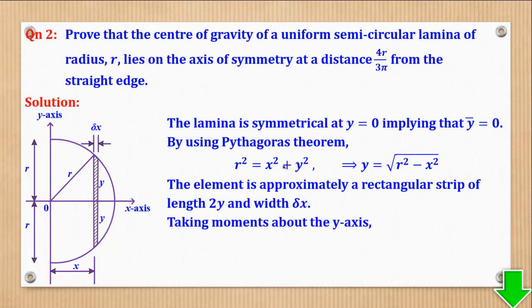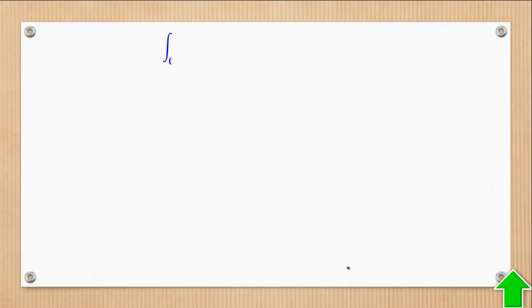So taking moments about the y-axis, meaning I want to get x bar, I'll code the formula. Now, the good thing, this shape is standard and is known to have a specific formula for getting its area. That's why I've used area of semicircle. Then come and get the numerator.